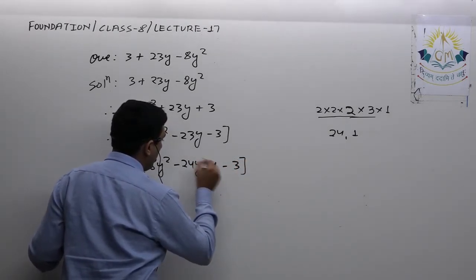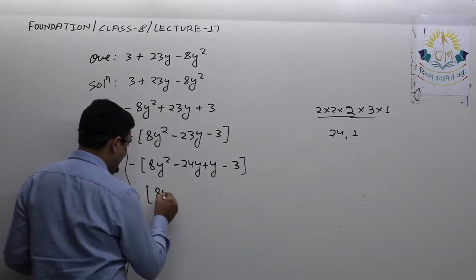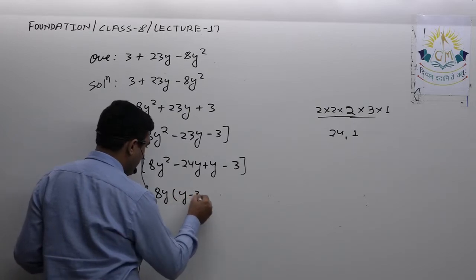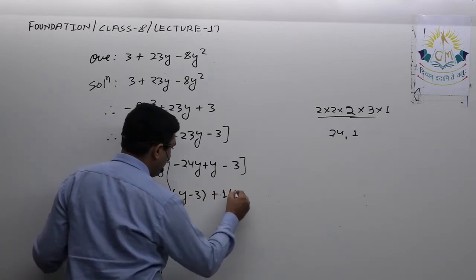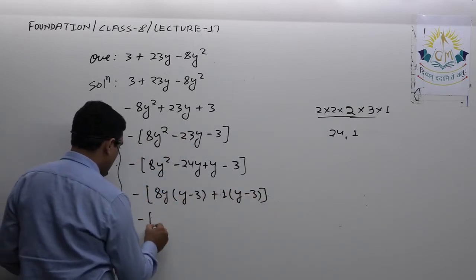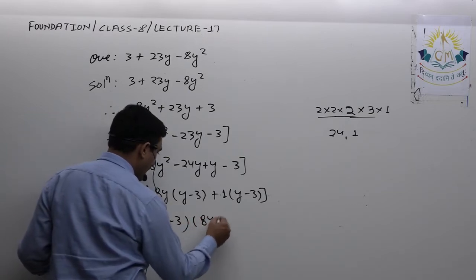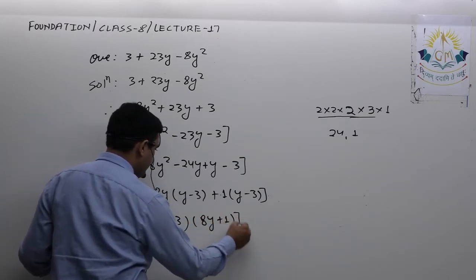Sorry, here it should be plus y. Now, from the first two I can take 8y common, so y minus 3. From the next two I can take 1 common, so y minus 3. So ultimately I will get y minus 3 over here and 8y plus 1 over here.